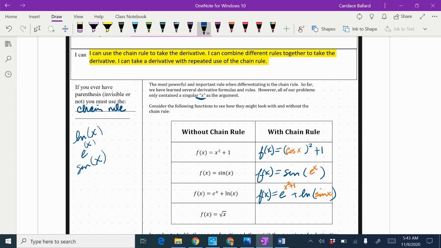Remember, in the past, we've had f of g of x, function composition, where the g of x is the inside function. So that's what's getting at. We need to know what the inside is, and we need to know what the outside is. One last example of this, we've got f of x equals, instead of just square root of x, maybe square root of 1 plus x squared.